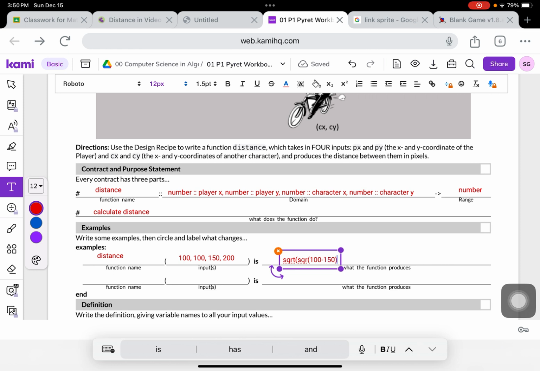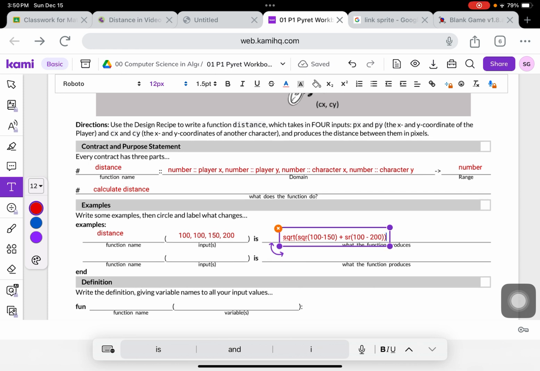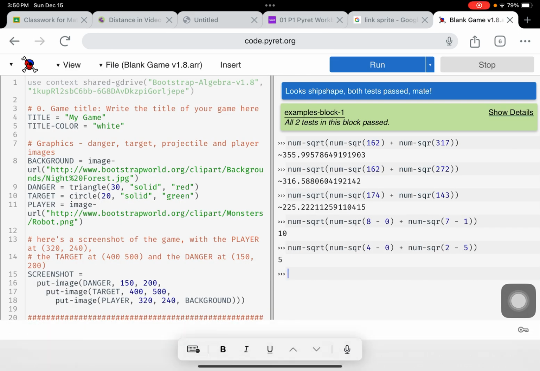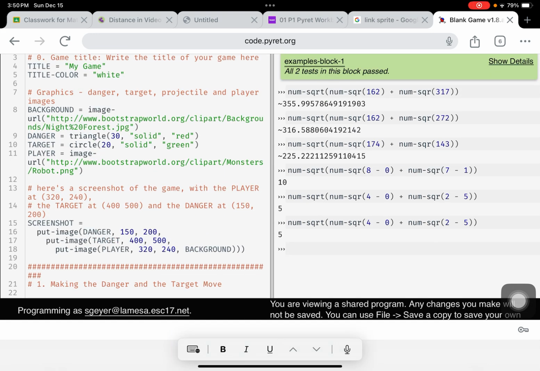Remember, we got to do the x's. And then we're going to square the difference of the y's, 100 minus 200. Then add them and then take the square root. Okay, and you can plug that into Pyret to see what it does.